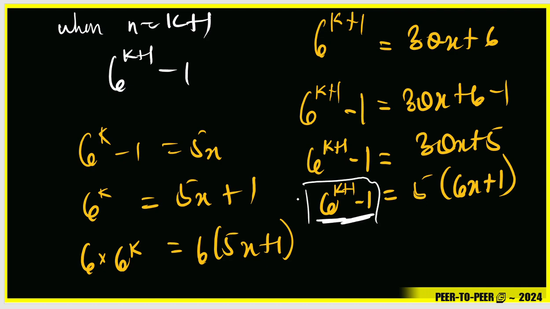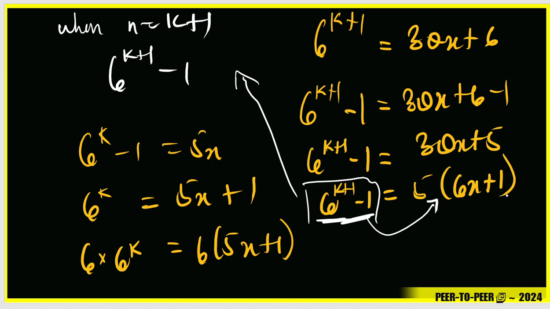So we have arrived at the expression we have to prove. You can see, this expression is what we are looking for. We have arrived at that. And if the right hand side is divisible by 5, then the left hand side will also be divisible by 5. And since x is a natural number, it holds that the bracket will always result in a natural number.